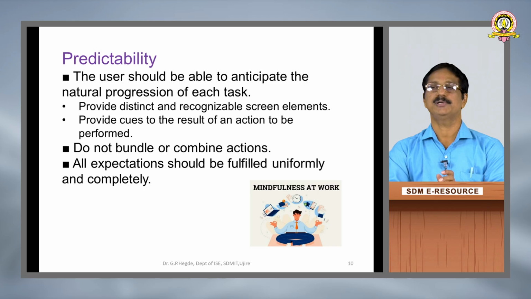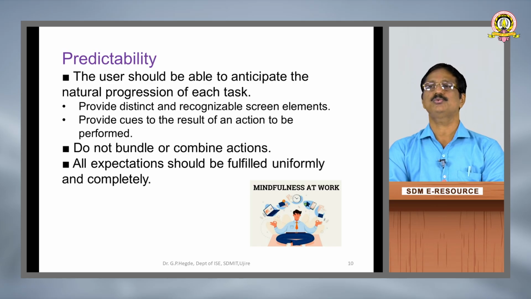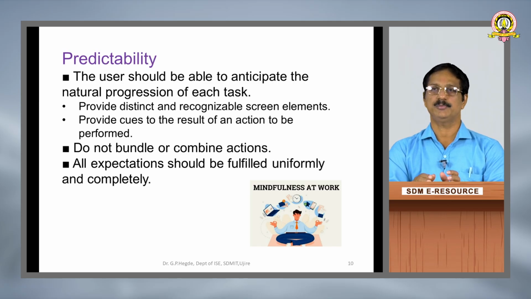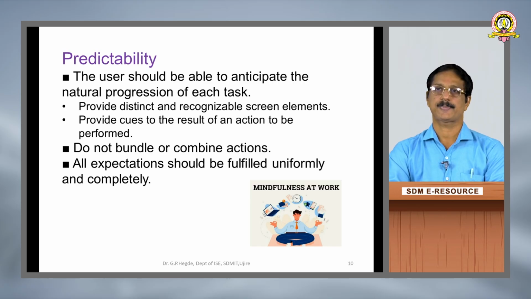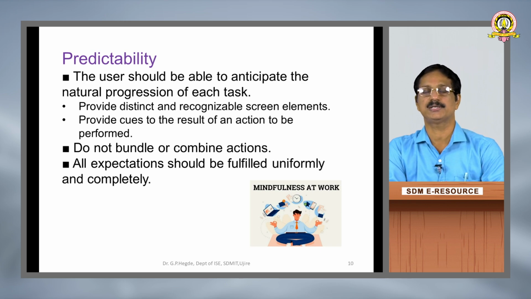And predictability. One should have a predicting nature, mindfulness at work, because we are stressed, we are doing many works. So the user should be able to anticipate the natural progression of each task by providing distinct and recognizable screen elements, providing cues to the result of an action to be performed. Do not bundle or combine actions. This is a very important part.